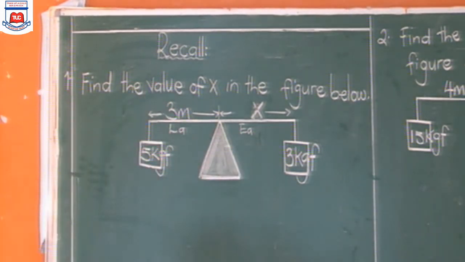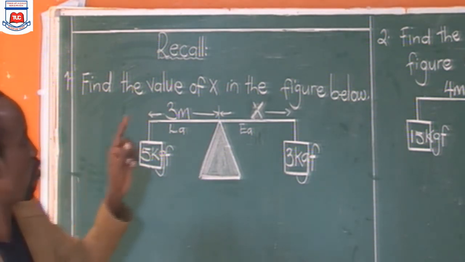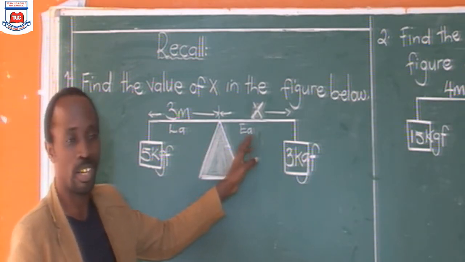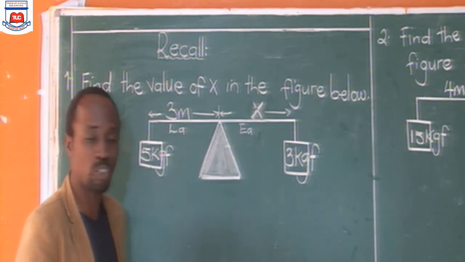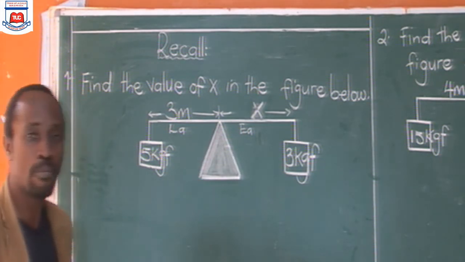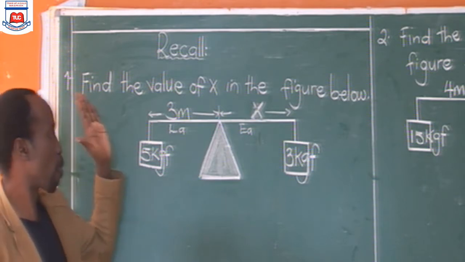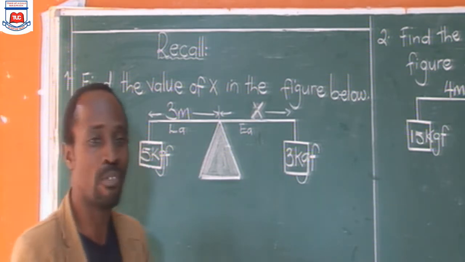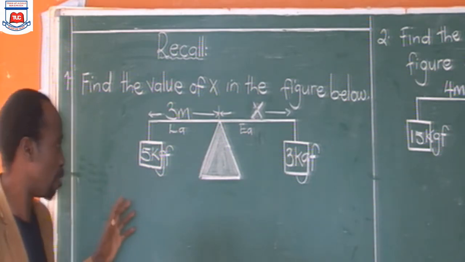As simple as that. So in our question, they are telling you to find the value of X in the figure below. X is the effort arm. It is what they are telling us to look for. So we need to calculate that, okay? Now, the principle of moments always states that the sum of clockwise moments are always equal to the sum of the anti-clockwise moments.